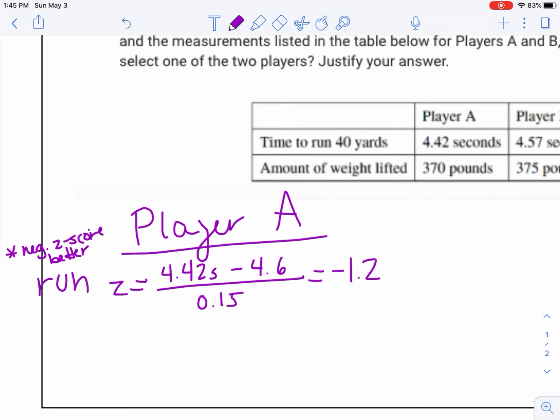That's good because, remember, you want a negative z-score. And for the weightlifting, once again, calculating the z-score, I get 370 minus 310 divided by 25, 2.4. Now a positive z-score for weight is good, so this goes pretty good.